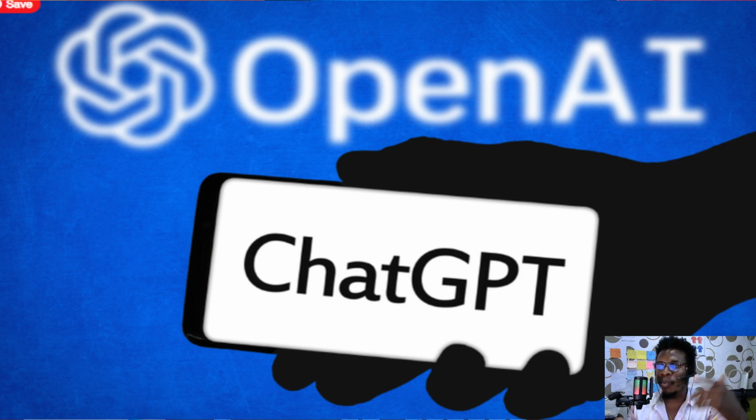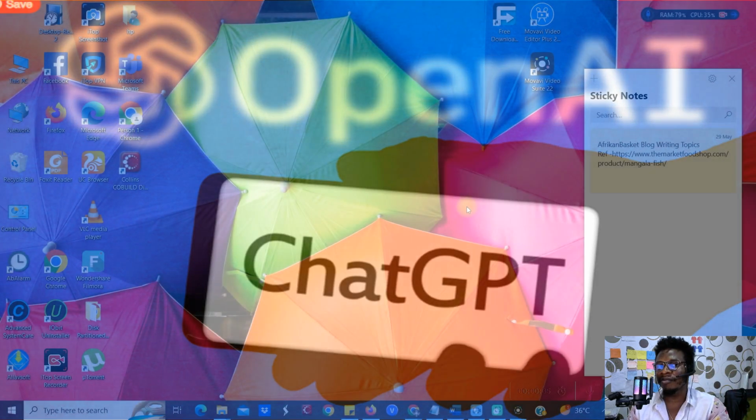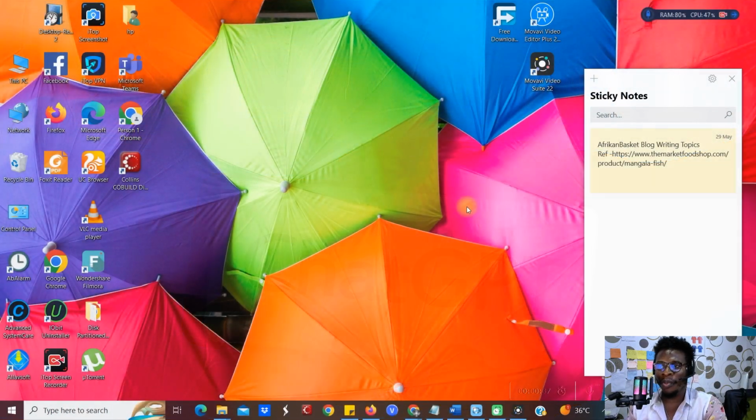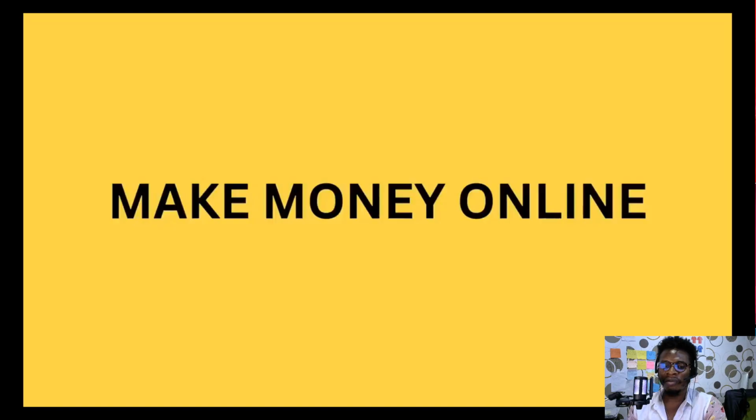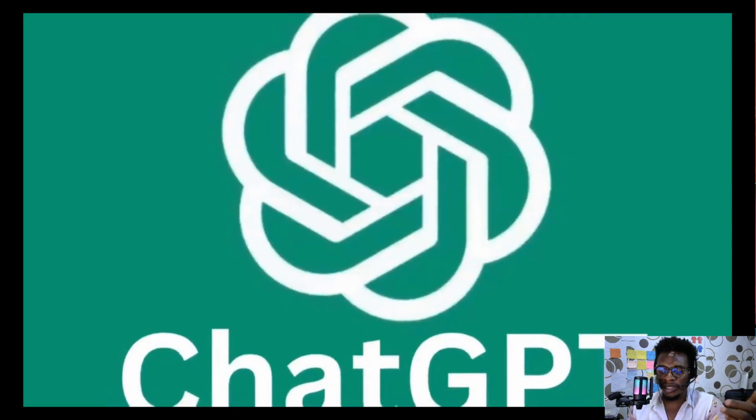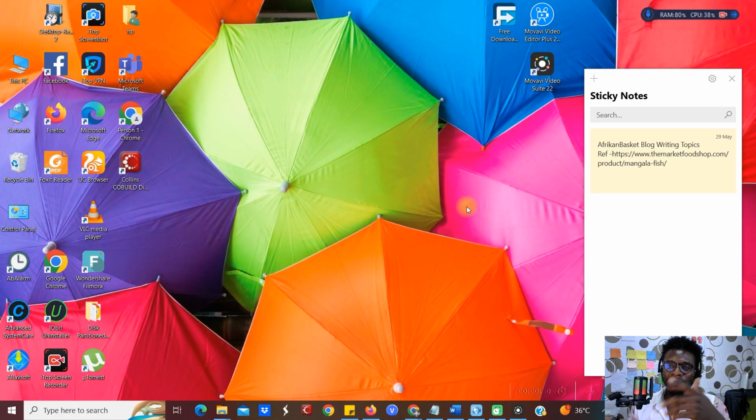People just need to know what ChatGPT is all about even before you start talking about it, because you can't be talking about something you're not sure people know how important it could be to them. So I'm going to give you two definitions of what ChatGPT is. The first is more like a professional definition, whereas the second will be more like a layman's definition.